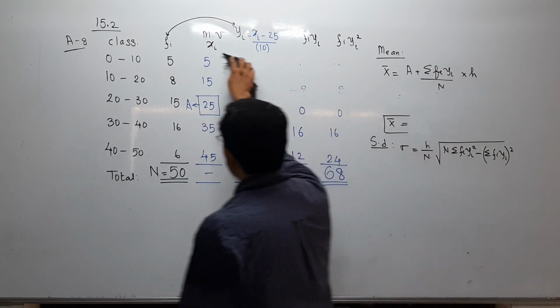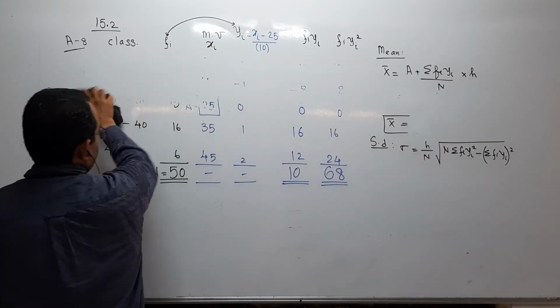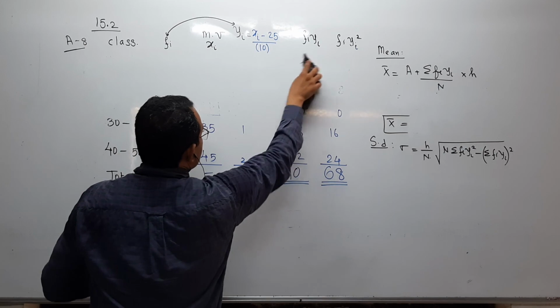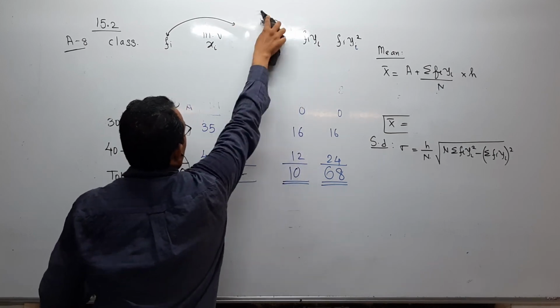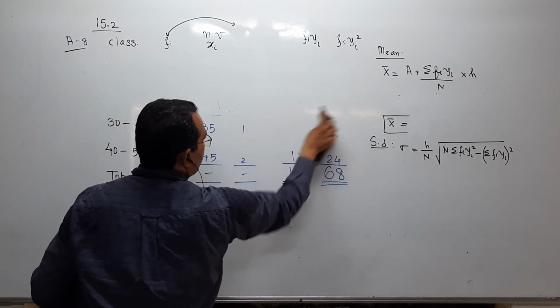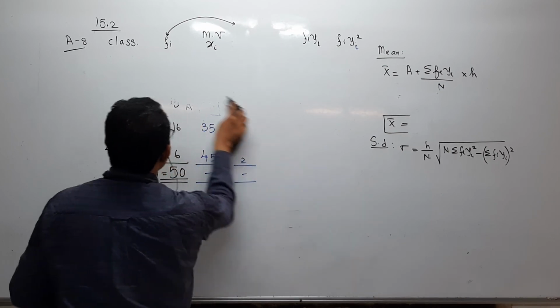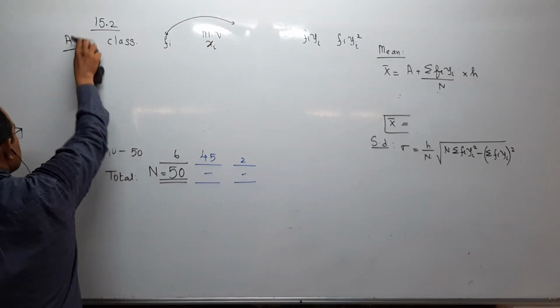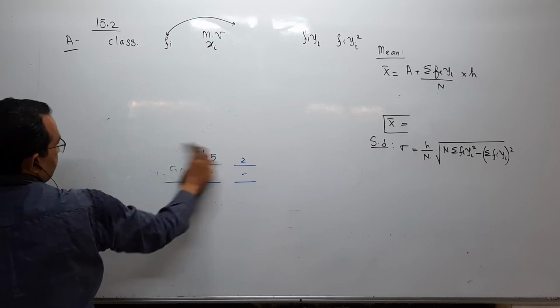Again, the layout remains same, so I'm not changing any of the columns except the column of yi, which always changes depending upon assumed mean and class length.